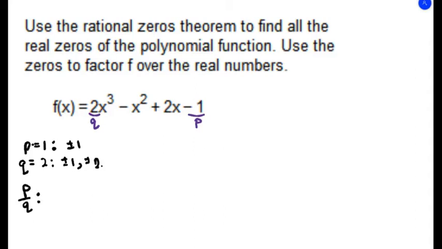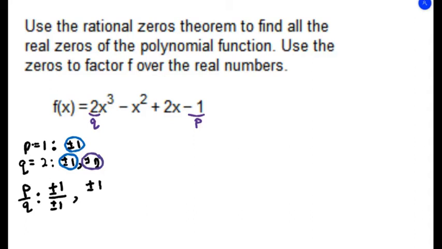So our potential rational zeros are going to start off with this 1 in the numerator. So it's plus and minus 1 in the numerator, and this plus or minus 1 in the denominator. And then we only have one other possibility for the denominator, and that is a plus and minus 2.